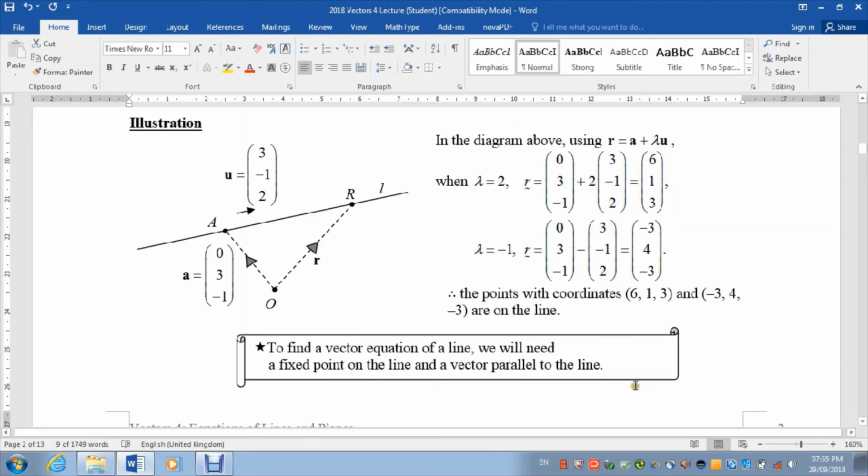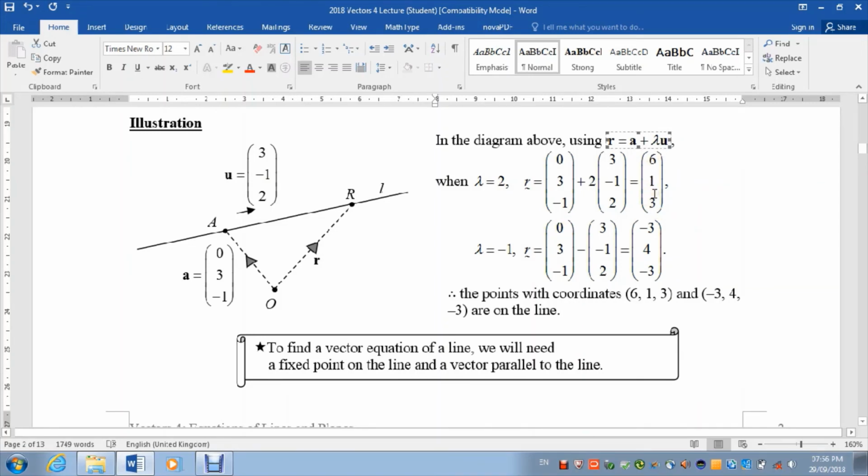For example, if U is the vector (3, minus 1, 2), meaning that the line L is parallel to it, and A is a fixed point on the line with position vector (0, 3, minus 1), then any point on the line would have a position vector of R equals to A plus lambda U. Now, if my lambda is 2, I plug in lambda is 2, and my A and U, I will get the vector (6, 1, 3).